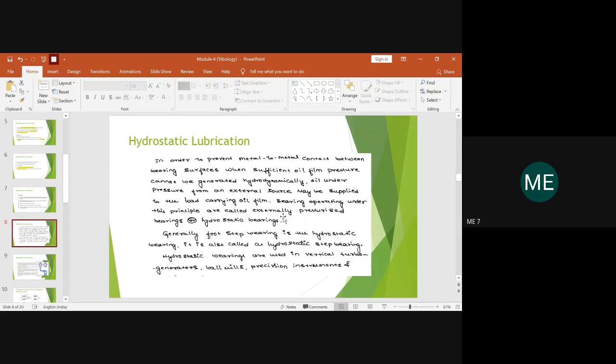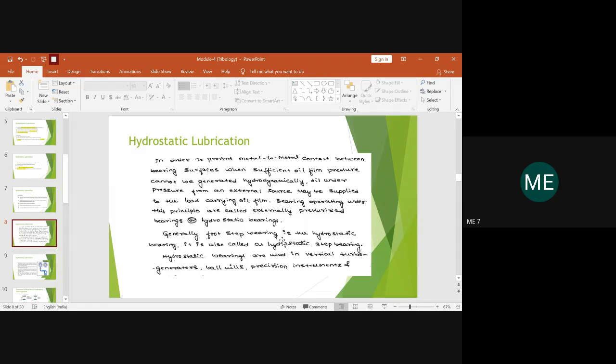A bearing that uses this type of lubrication is usually called a hydrostatic bearing, and it could also be called a hydrostatic step bearing. So these are the two names you have to keep in mind. In the examination, whether they ask hydrostatic bearings or hydrostatic step bearings, it is one and the same.